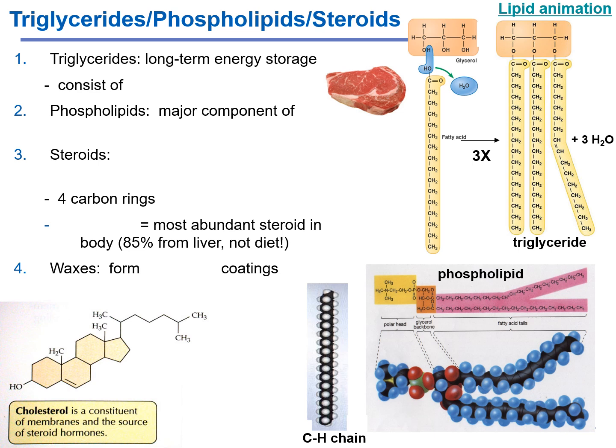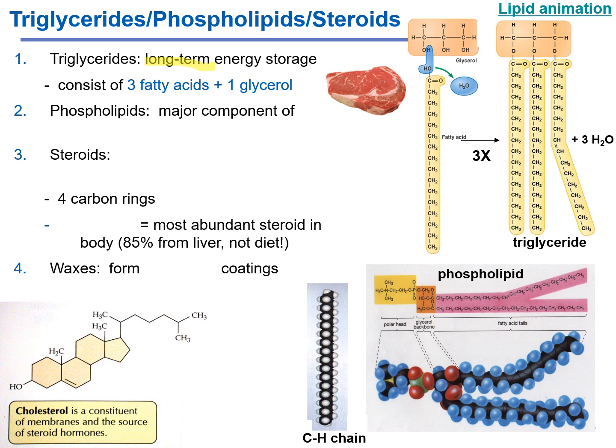Triglycerides are long-term energy storage. Please pay attention to the long term. The long term actually does matter. It's important. These triglycerides consist of 3 fatty acids and 1 glycerol.